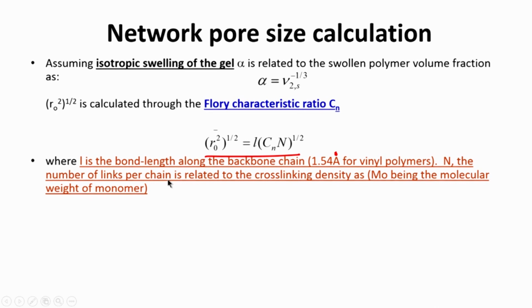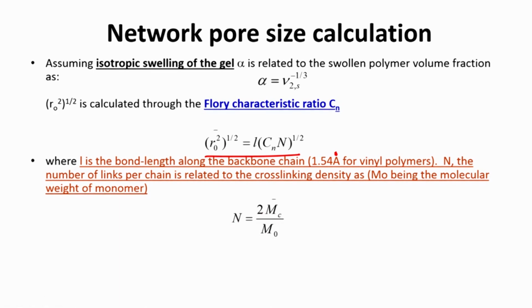So if I know the bond length, and there are n number of links per chain, which is related to the crosslinking density as well, then with M0 being the molecular weight of the monomer, this will turn into n equals 2 MC divided by M0.